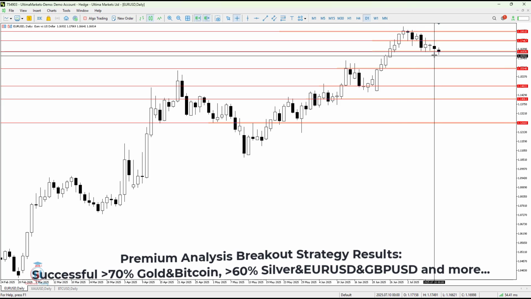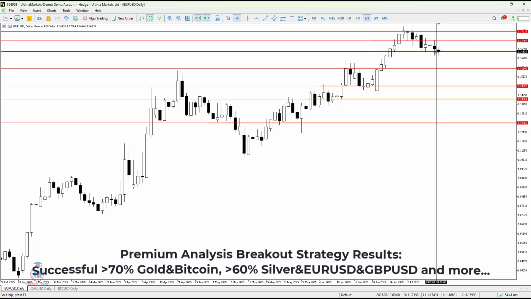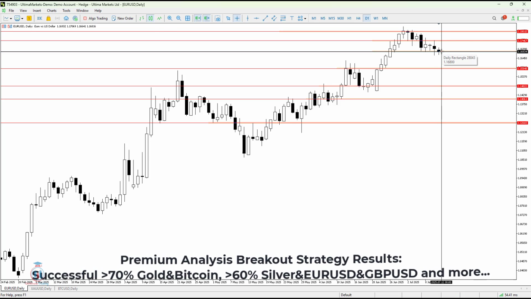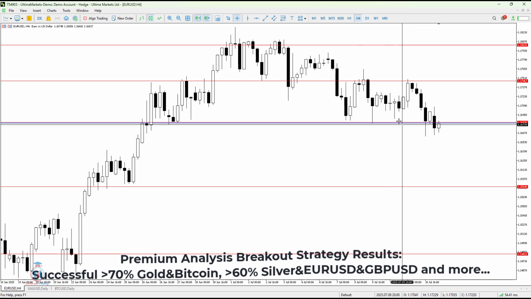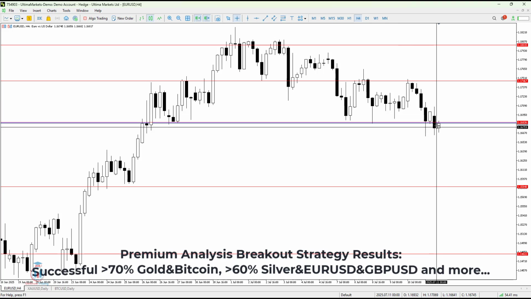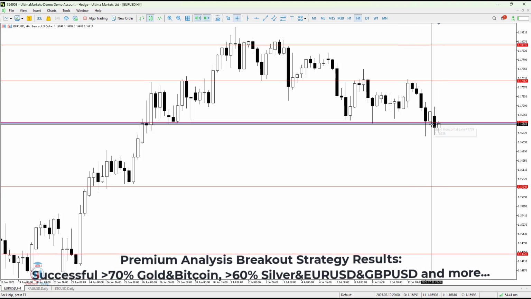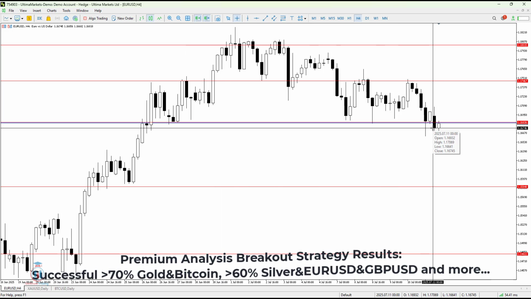We can see that yesterday the price has touched this area of support. Now, if the price manages to go further down, and especially on the lower time frame, like the 4-hour time frame, we can see that the price has formed this bearish breakout going below this area of support. This is an indication of further decline in value.